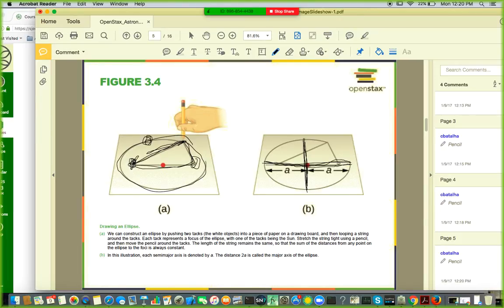So two foci are the two special places where we stick the thumbtack, if we were to.